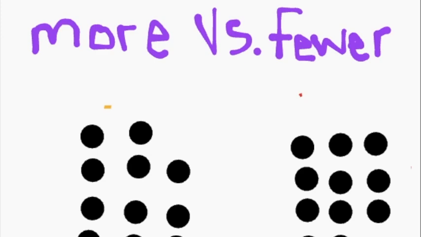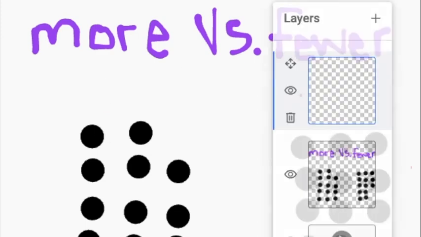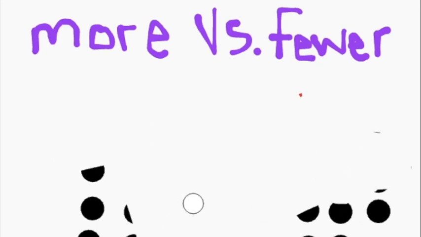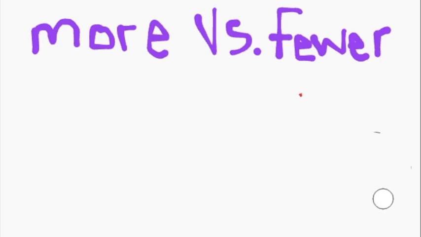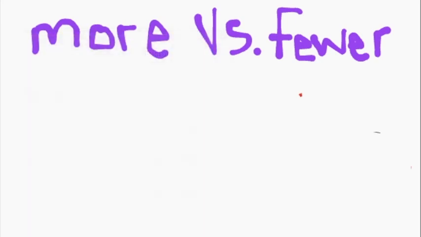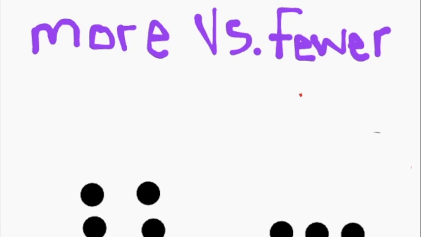So I'm going to erase our circles. And now I'm going to totally change these dots. Are you ready? They're going to look super duper different.